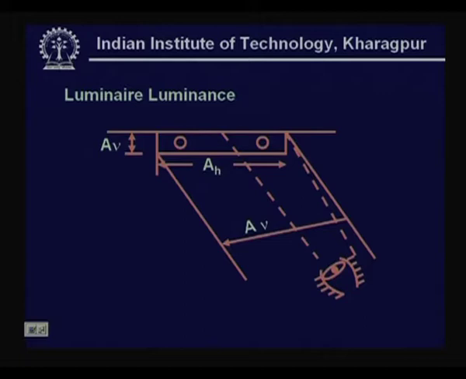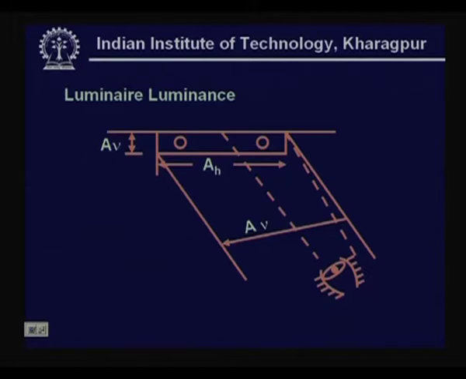Here this picture shows that this particular luminaire has a horizontal area of AH and a vertical area of AV at an angle inclined from the observation angle gamma.